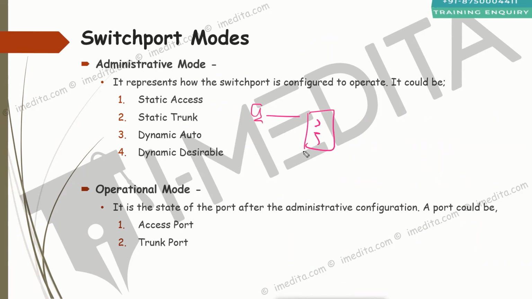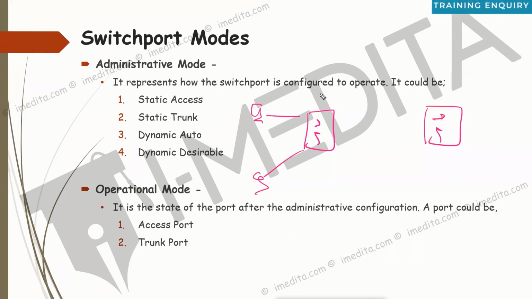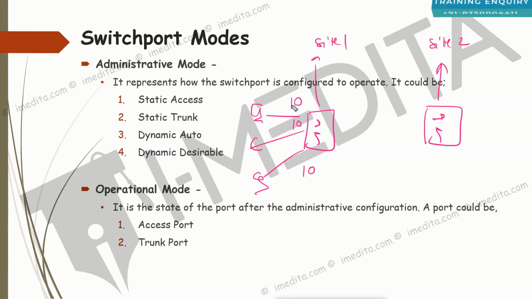There are two companies, two organizations, right? You have two sites. This is site number 1. This is site number 2. There are users in VLAN 10. They are able to communicate to each other, but they want to access the resources in VLAN 20 there.